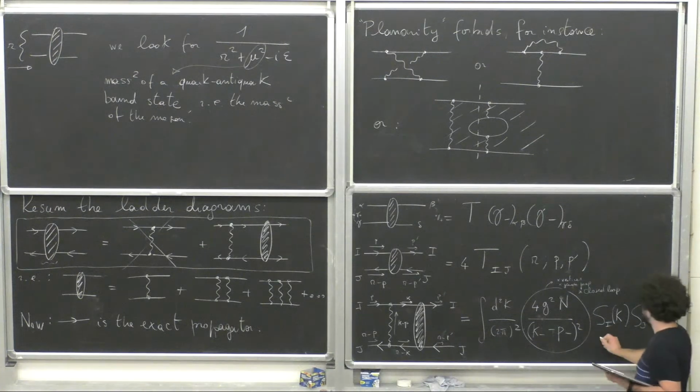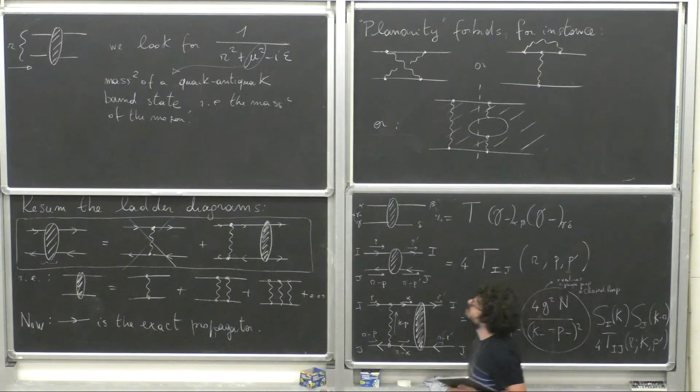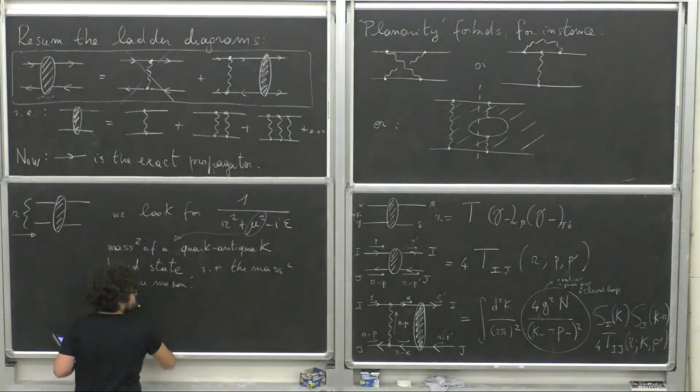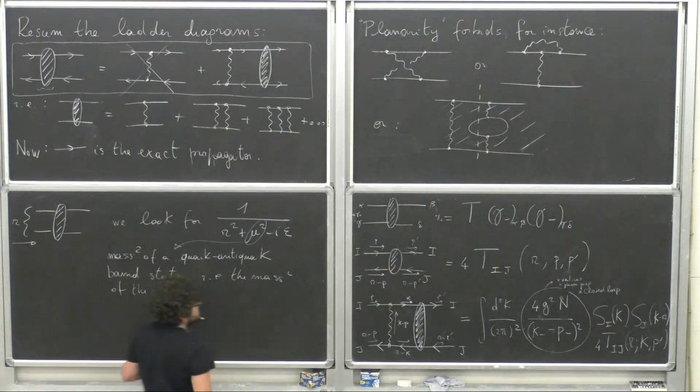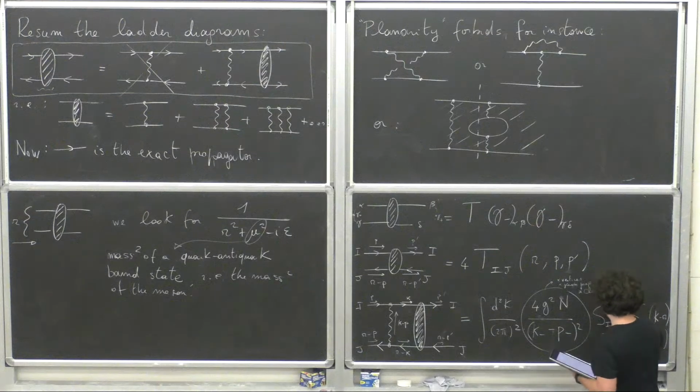And then we have again 4 Tij. And this time this is of R, K, and P prime. Okay? Now, we are going to do some naming things. Let's name this thing here.